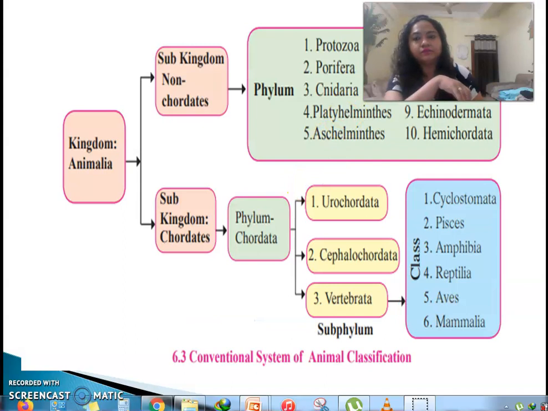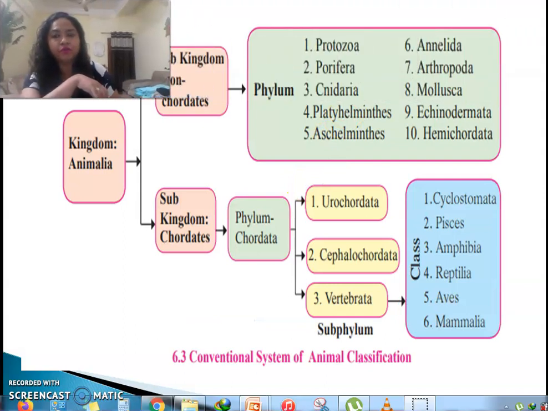This is a small overview from your book. All this we will study in detail, but let me first explain how the arrangement is done. This is a conventional system of animal classification. In this system, the kingdom is Animalia. The subkingdoms are non-chordates and chordates.